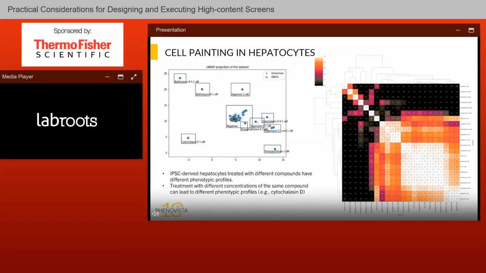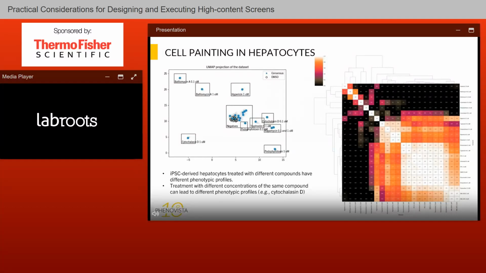And one of the ways, there's lots of different ways to mine through this data. So there's two examples shown here, left and right. On the left, we've got a UMAP projection of all the test articles, and essentially this is a more modern way of doing clustering.